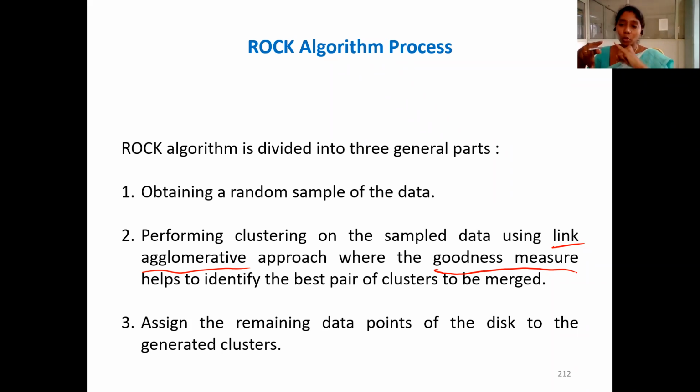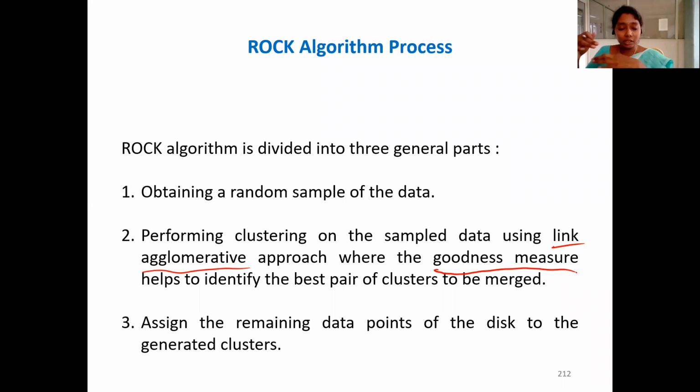Initially we need to take some random sample from the data, and with that random sample, we generate some clusters by going through the link agglomerative approach. Once the clusters are generated, the remaining data is there, right? Out of 1000, initially you have taken only 500 as a random sample. The leftover 500 is there.